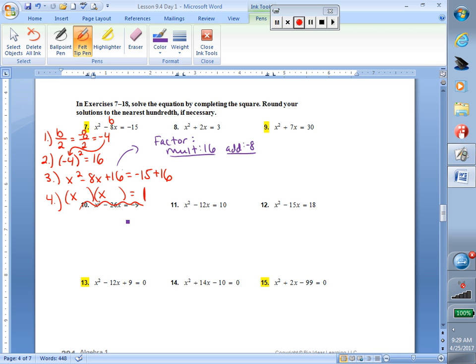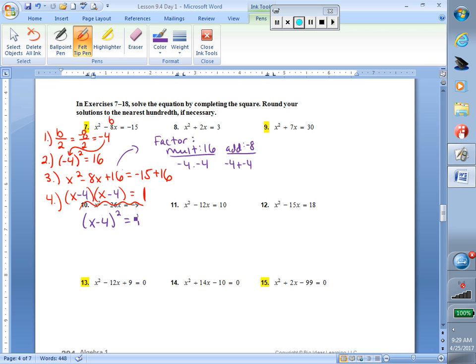We know we need those numbers to be the same, so we're looking at -4 and -4. The numbers have to be the same. So x minus 4, that quantity squared, equals 1.